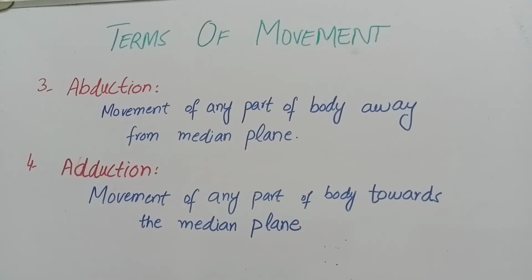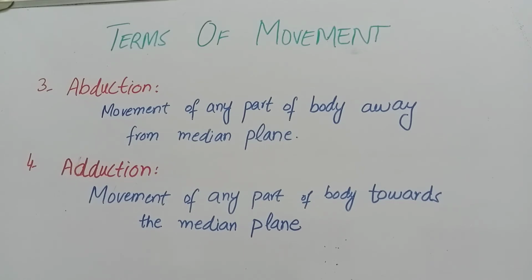The two terms abduction and adduction occur at the anteroposterior axis. These are the two terms that are used to describe the movements towards or away from the midline of the body.